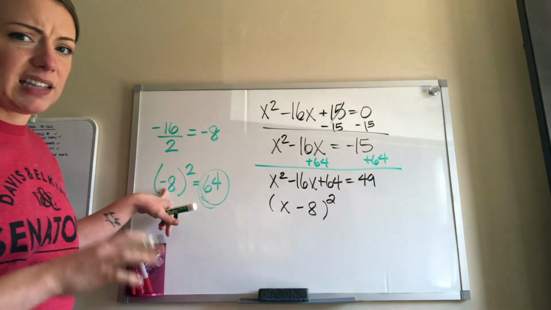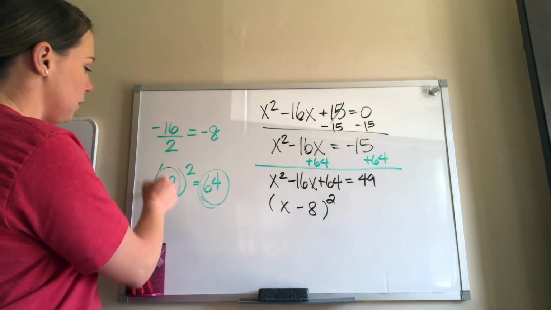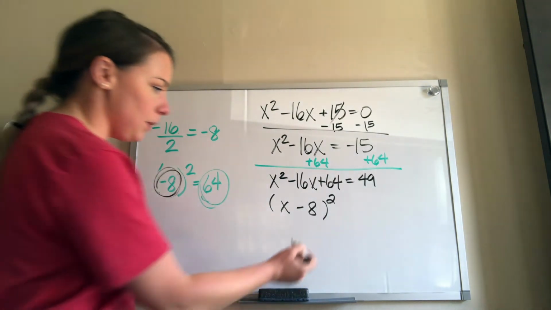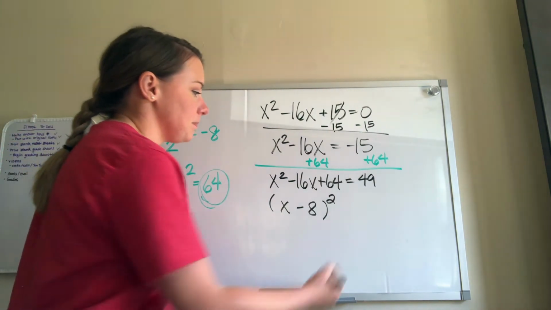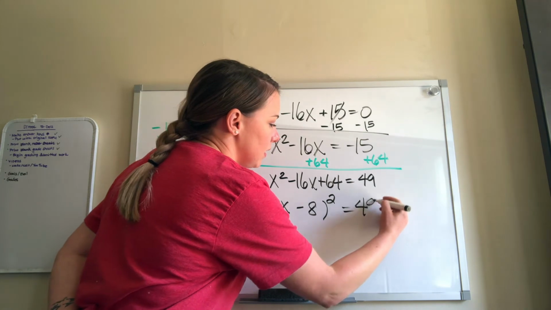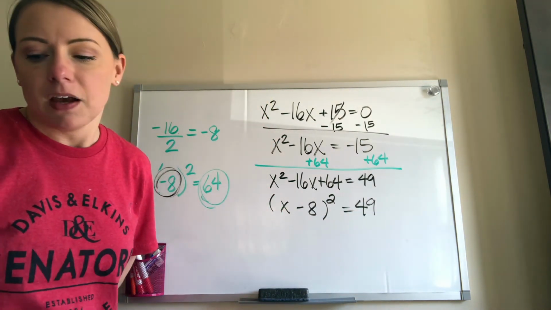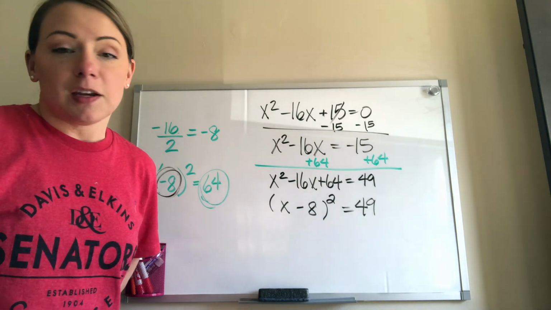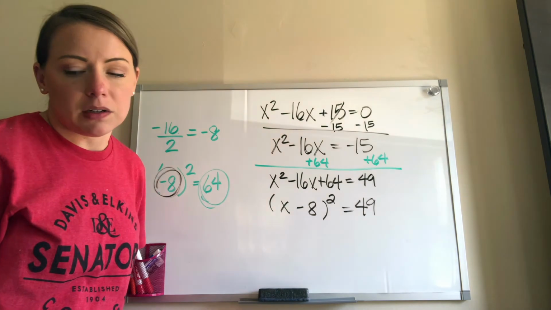So I just factored that relatively quickly. I brought down my x. I said, oh, this number right here in that previous step goes in this piece of my binomial. And then I'm going to set the quadratic equal to the 49 that I already have. Alright, so looks like we're good on step 3. If we happen to have anything that we need to combine over here, we would.